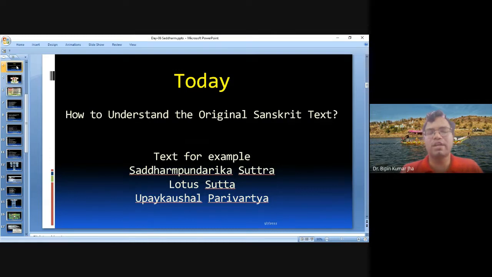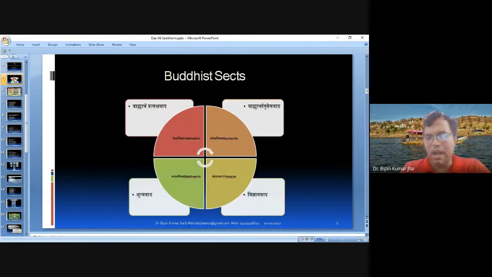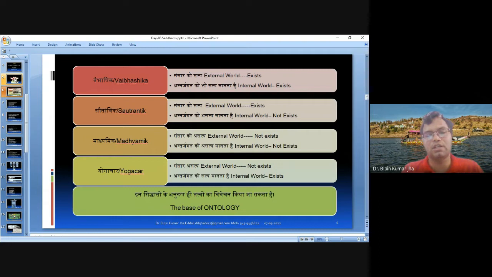So you can say that Pali-affected Sanskrit is called hybrid Sanskrit. I started from the base part of Buddhist texts, and we have seen that there are several sects of Buddhism, and later on we are viewing the different notions regarding the different Buddhist sects: Vaibhasika, Sautrantika, Madhyamika, and Yogachara.